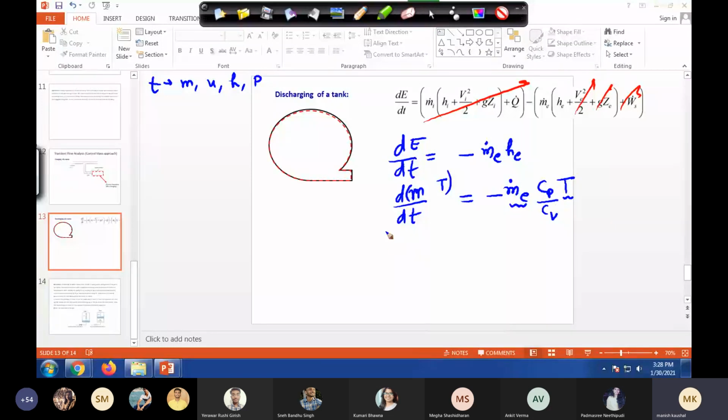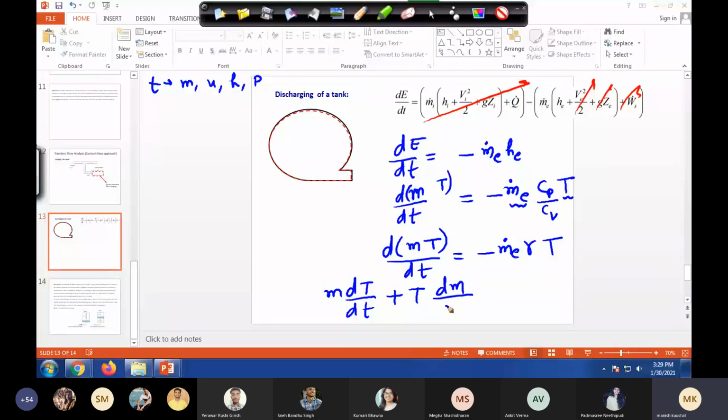Okay, perfect. So d of mT by dt is equal to minus m dot He, which is Cp T. Fine. Now what can we write? This we can write as m dT by dt plus T dm by dt. Now our life will be easy.